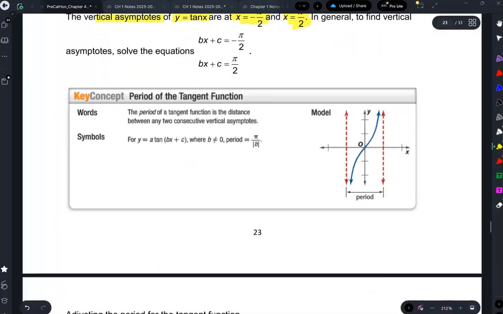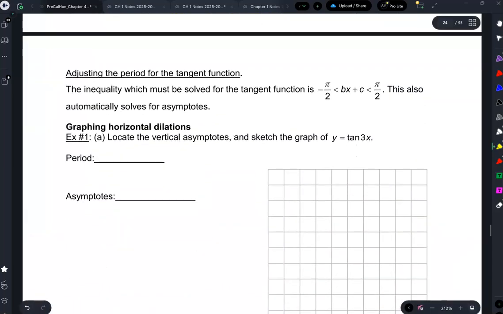Okay, let's talk about period. For sine x and cosine x, to find the period, we were doing 2 pi over b, because the initial cycle took a length of 2 pi. Now for tangent, the period is just pi over b. Same idea, but just pi over b. And then graphing it is pretty much the same.